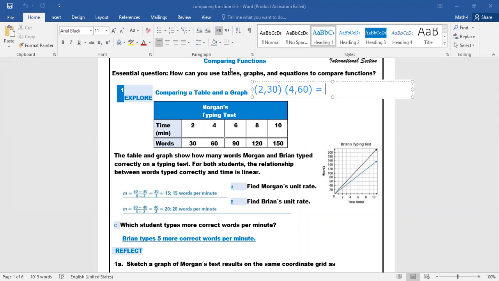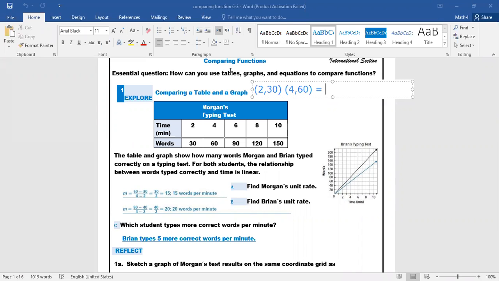We said that we already represented functions in 4 different ways: we can have the information in a table, a graph, a mapping, or a relation with a set of ordered pairs. And we said a function is something where we will not repeat the inputs, the x values, 2 times.